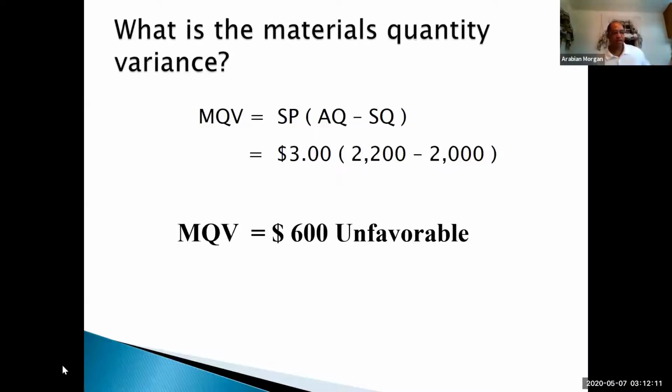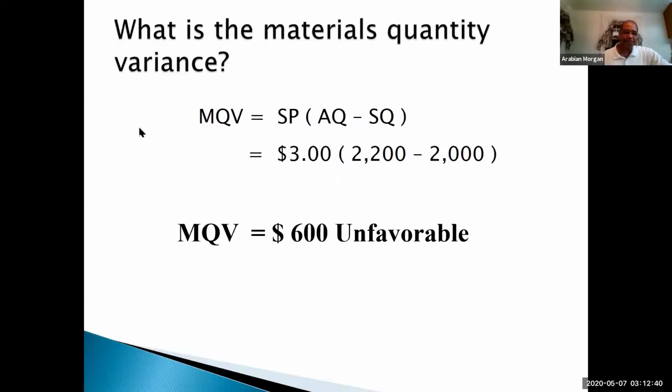Okay. Now, let's take it one step further. Look at question number 3. What is the total materials variance? Earlier I said, look back at page 421, the third formula is the total material variance.